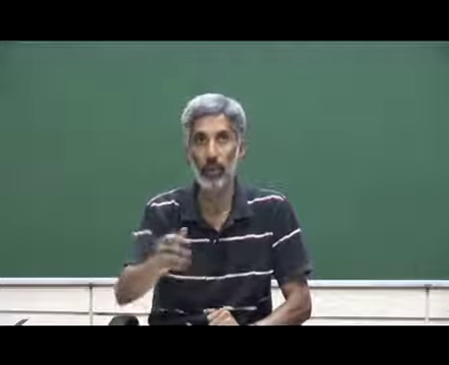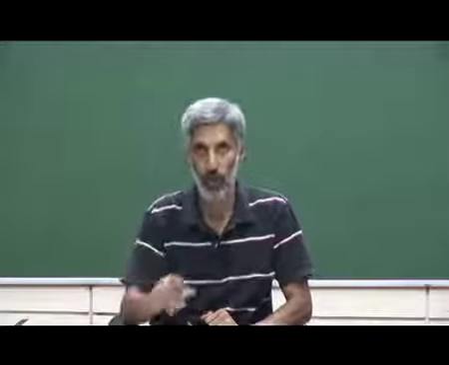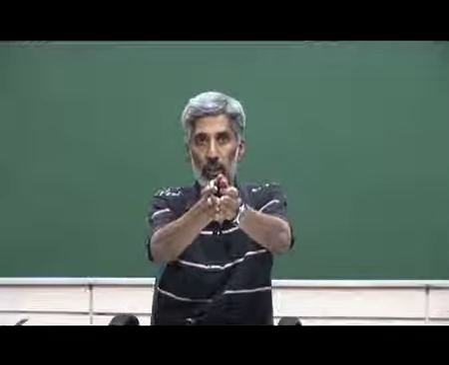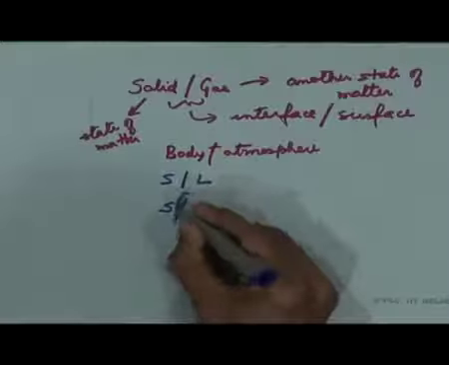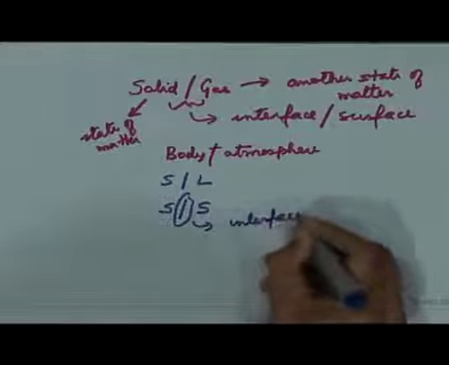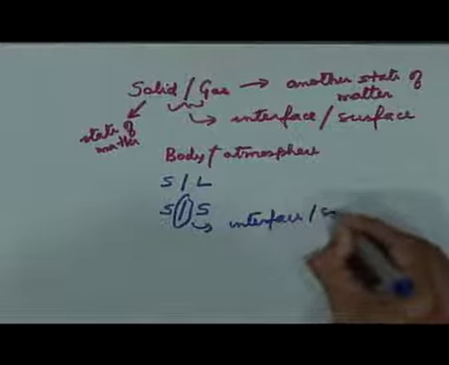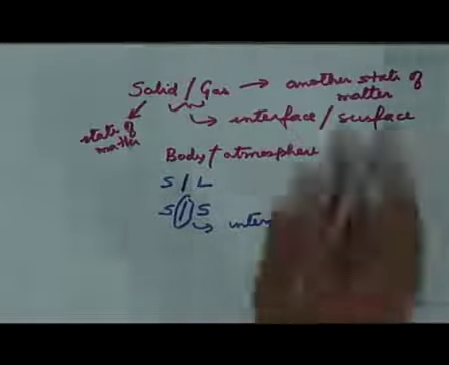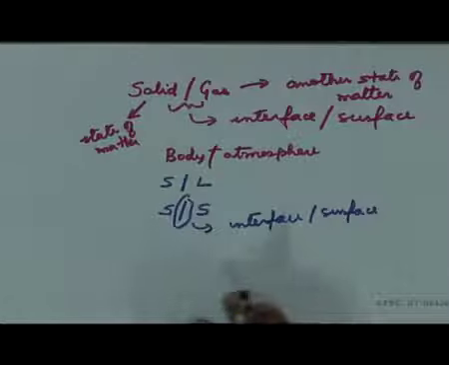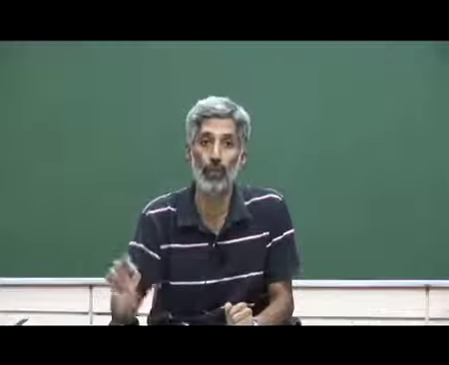So, there is a solid solid interface, for example, the friction which allows us to walk. Anytime you have two solid objects which are in touch with each other, there is an interface. So, this is the interface, or surface, between two different states of matter, or between two different phases.